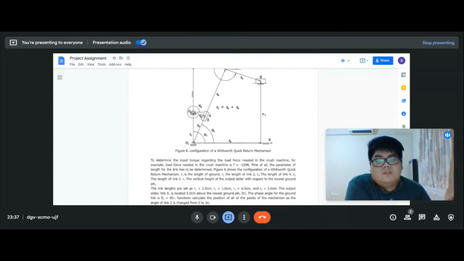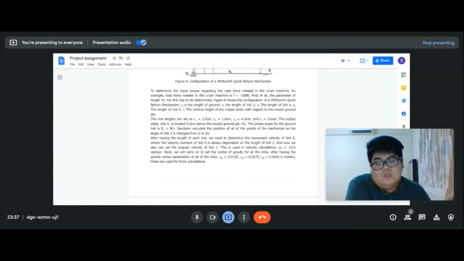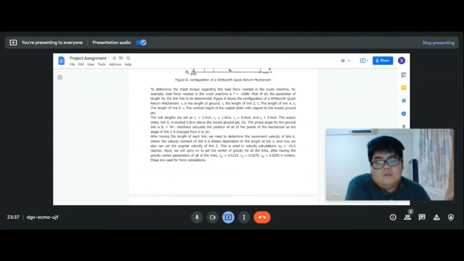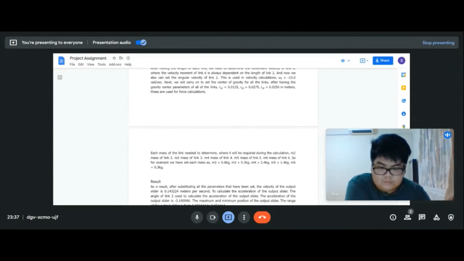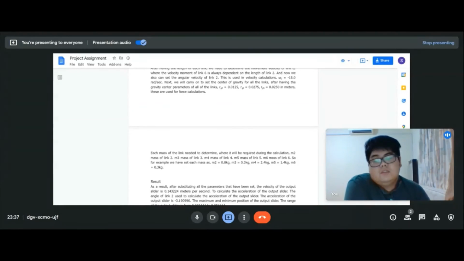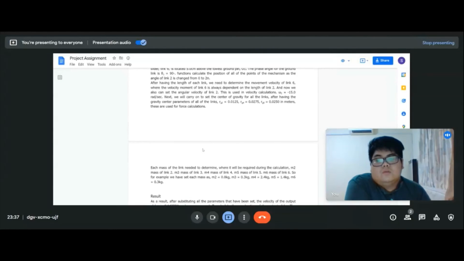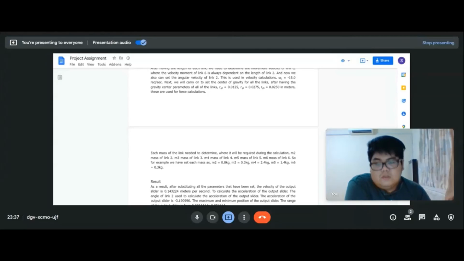So after we have set all these parameters, we look back at the equation, and we also need the mass. In the mass, we also need to calculate for the velocity. Acceleration analysis is required. So this is where we need to set ourselves and run through a few times of calculation.